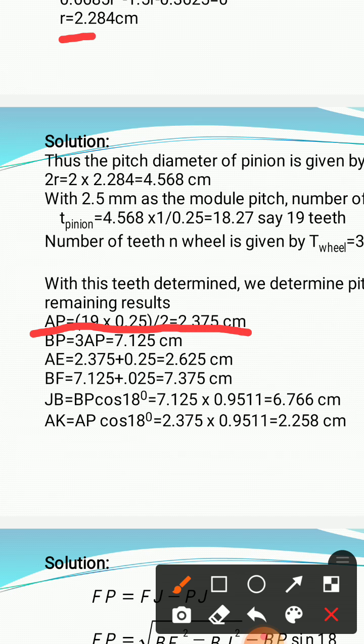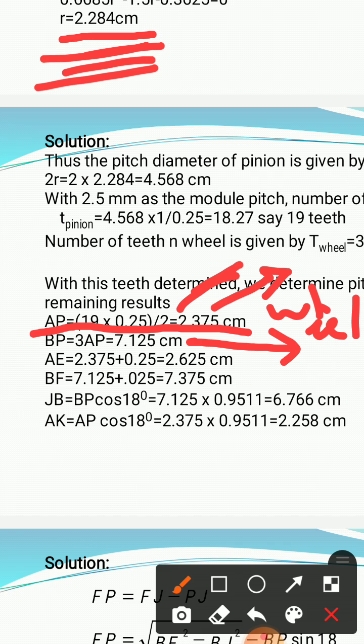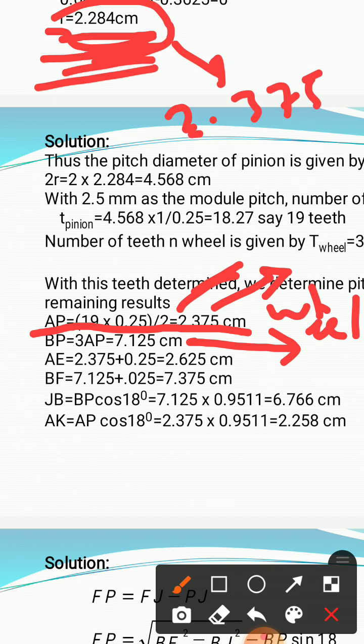So 2.284 now changes to 2.375. And 3 times that for the wheel, the radius now becomes 7.125. So r is now 2.375.